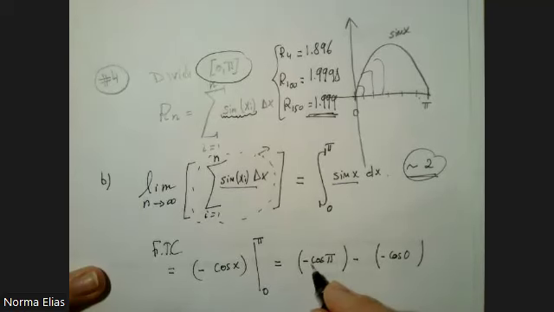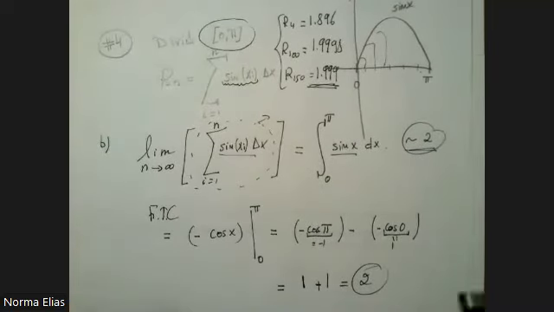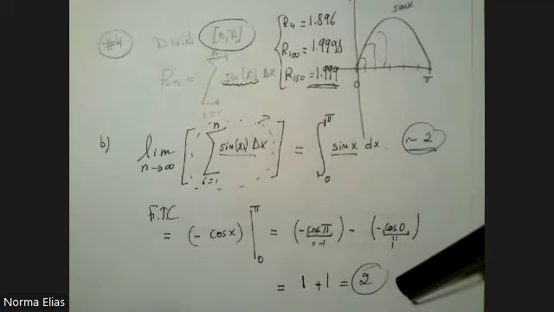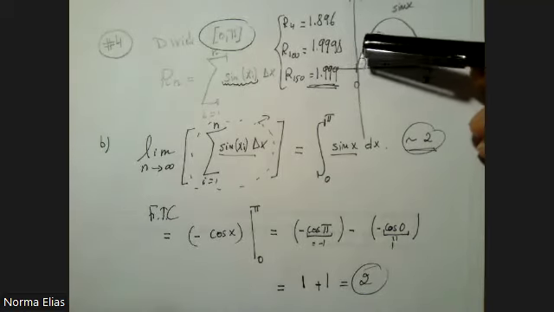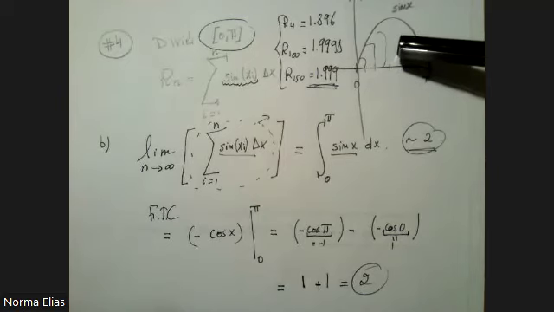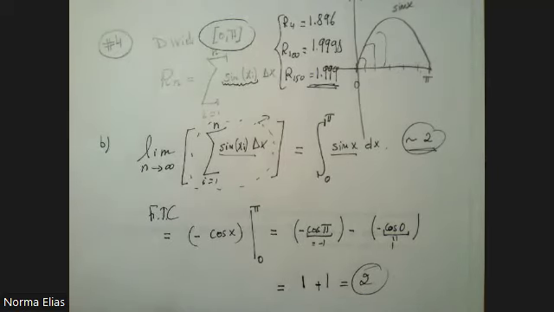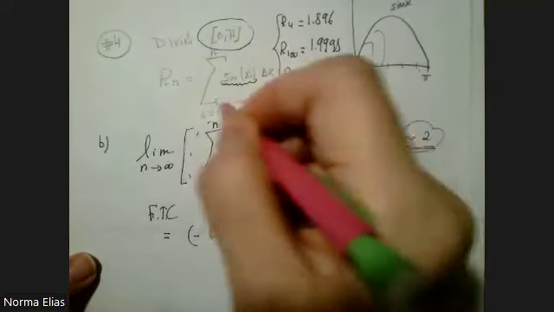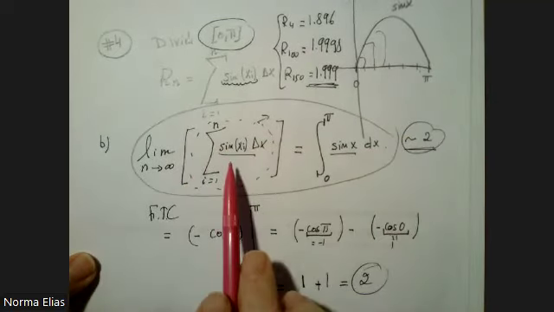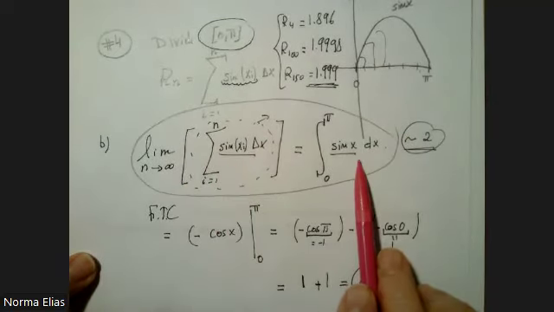Now, cosine pi is minus 1, times minus, I get minus minus, plus. The cosine of 0 equals 1, and this would give me a 2. So you can see how easy it is to use the theorem. That's why it's called the fundamental theorem of calculus, and how hard it is to find the sum of those. So that's really the power of this theorem. But the important idea is that when you see this sum, I want you to start seeing a definite integral.